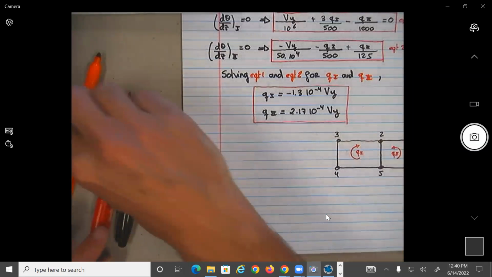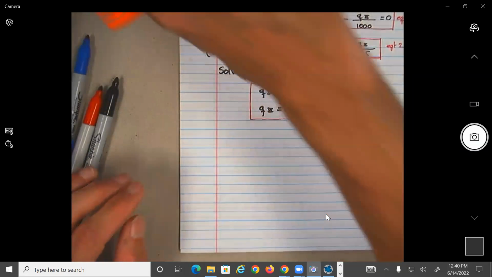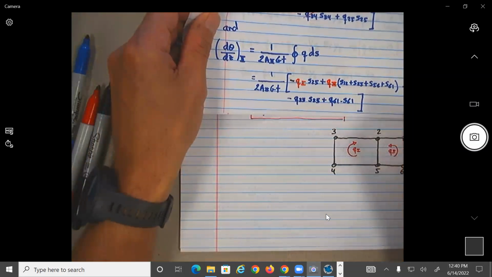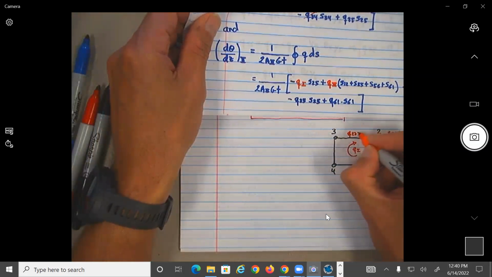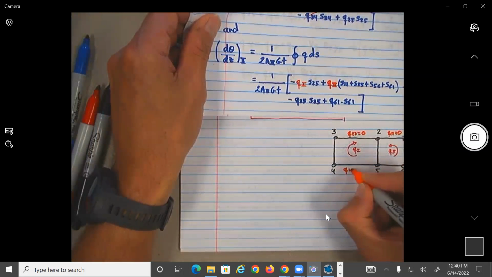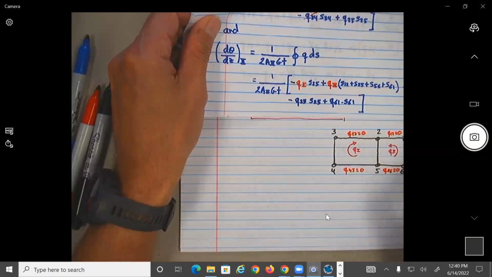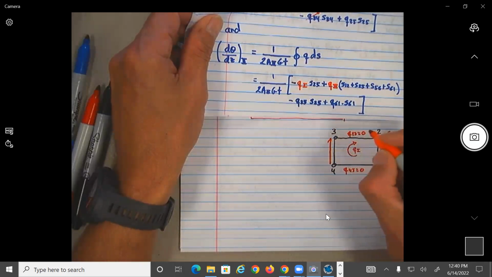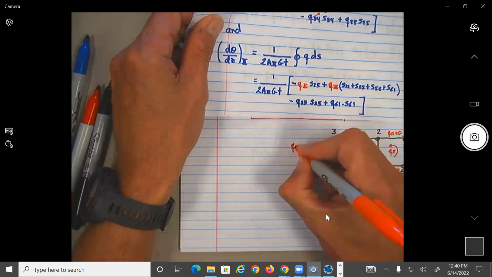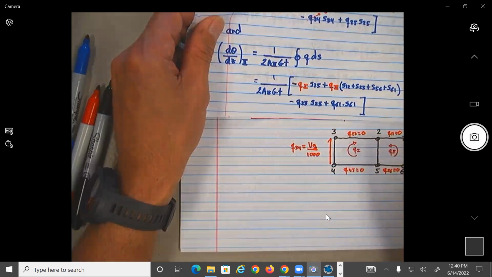All right. So now, what were the values we had? So maybe you can write it down. Q12 was equal to 0. Q23 0. Q45 0. Q56 0. Then Q34 we said was going up, so Q34, I'm not going to have space for the other ones, but this will be Vy over 1000.